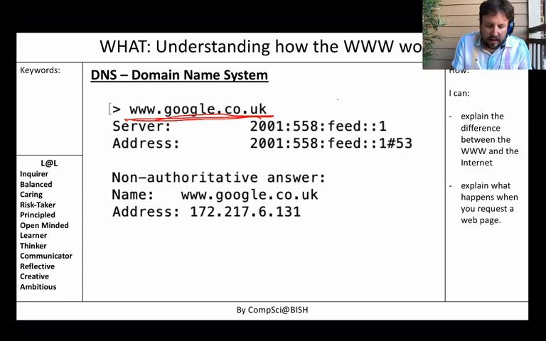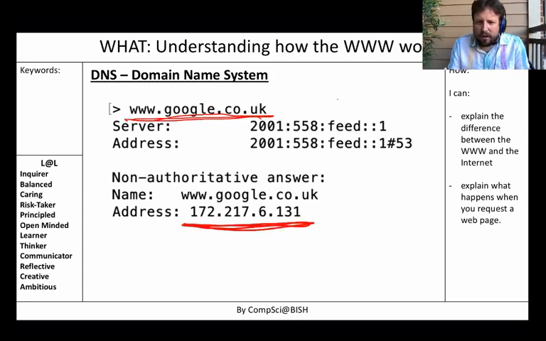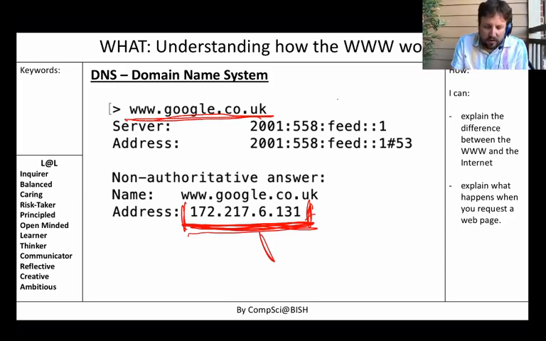So we've got a system that we can send a domain name to, and then it gives us back the IP address that our computer can then use to go and access the data on that computer. But we can't access the data on the computer until we know what the IP address is. So why do we need all this system again? If you look at this, imagine trying to remember that IP address.